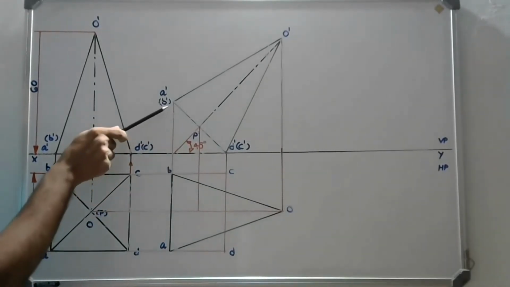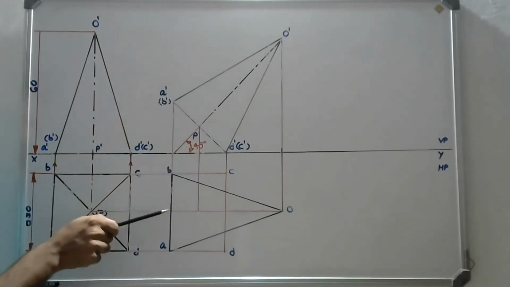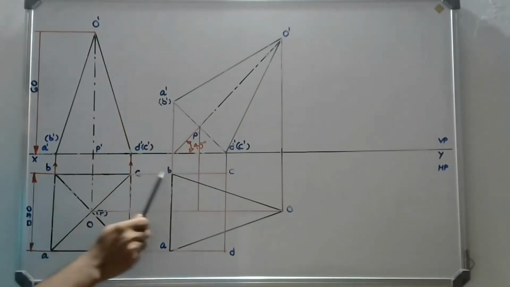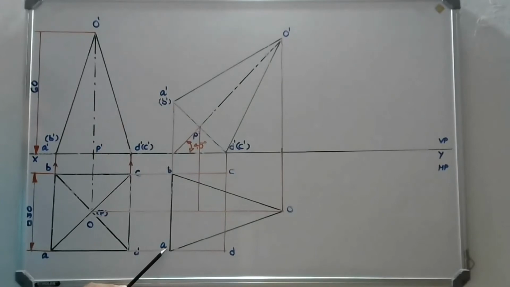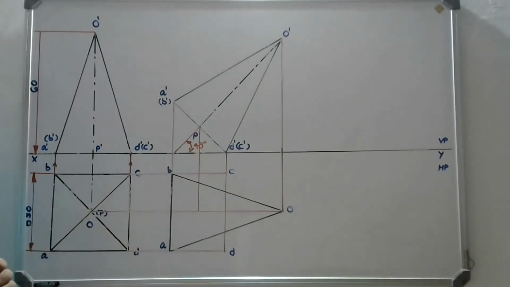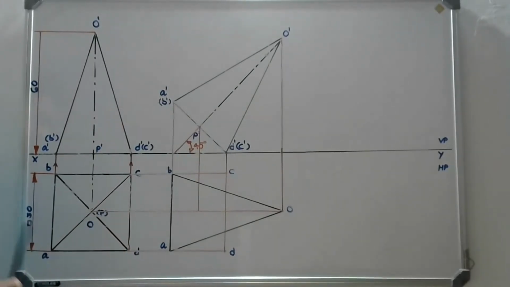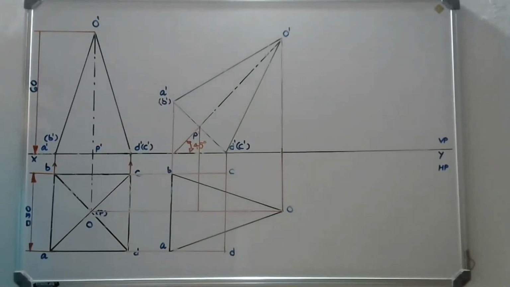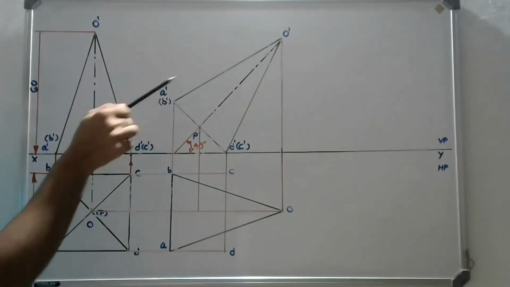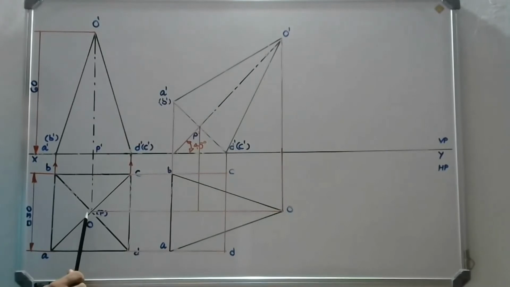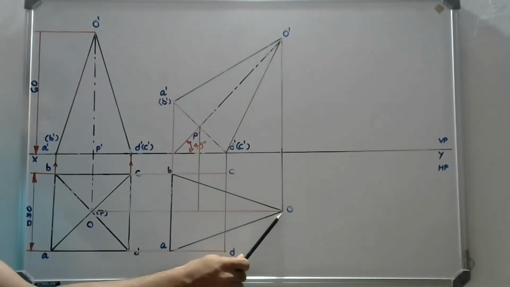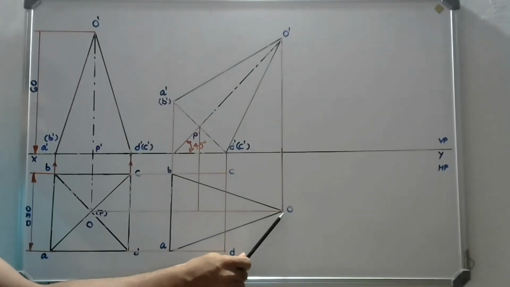Project the corners A dash B dash to the horizontal plane and AB to the right side. The joining point will give A and B, the edge of the solid. Similarly, apex O dash is projected downward and O is projected right side. The meeting point will give the second top view apex.